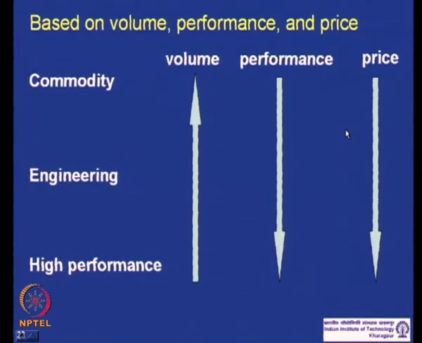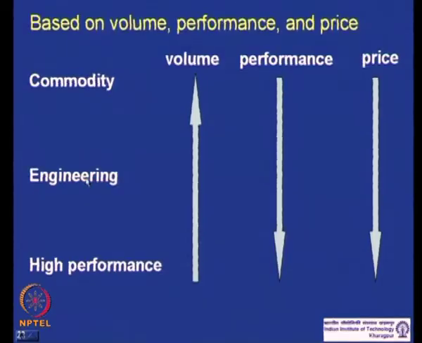Based on volume, performance, and price, polymers can also be categorized into three classes. Commodity polymers are the polymers which you see in everyday life all the time: bottles, buckets, shoes, clothes, and all these things. They have large volume and are used heavily, so the price is low, and performance is also not so good compared to the other classes.